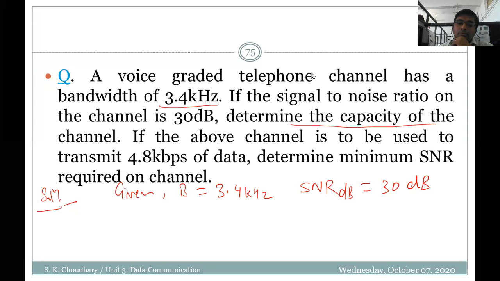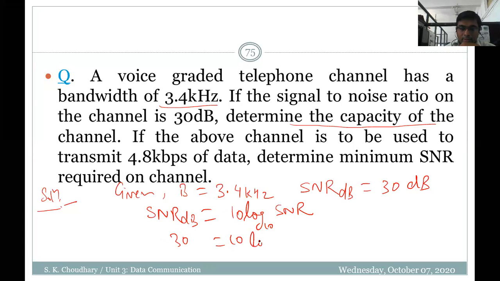SNR in dB is converted into SNR. Yes. First of all, you have to convert this SNR in dB into the linear value of the SNR. The formula is, SNR in dB is 10 log base 10 of SNR. So 30 is 10 log base 10 SNR.